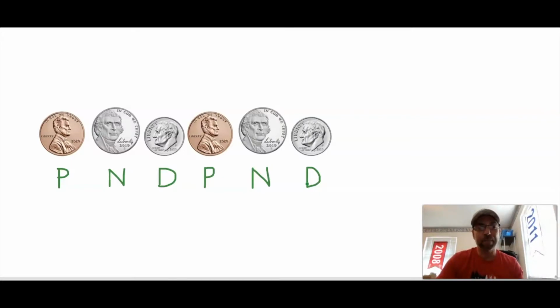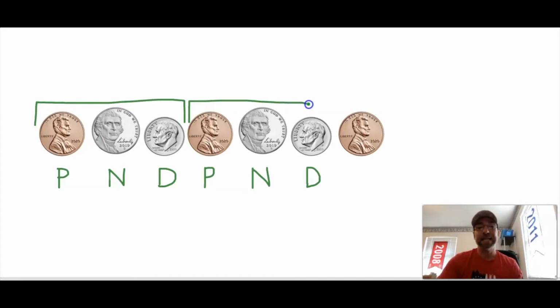Penny, nickel, dime, penny, nickel, dime. If you guessed the penny, you are correct, because this pattern is penny, nickel, dime. Penny, and then I would need the nickel and the dime, because it's following a rule.